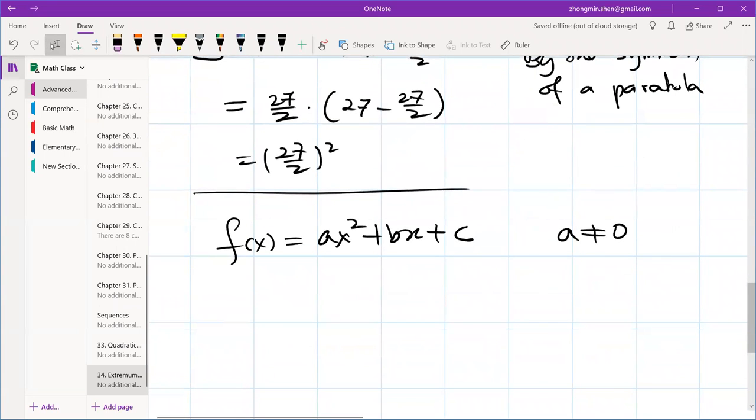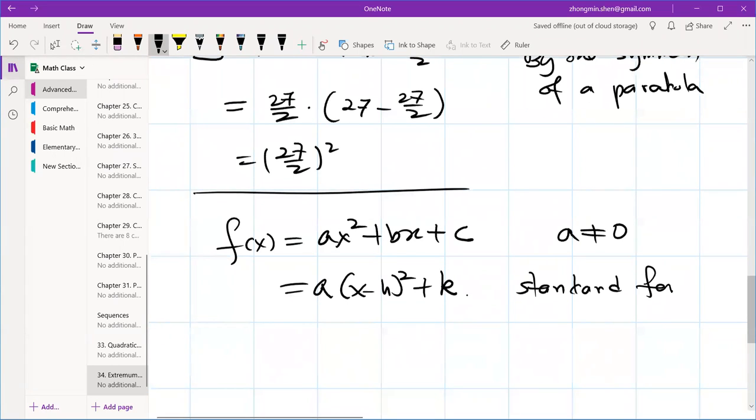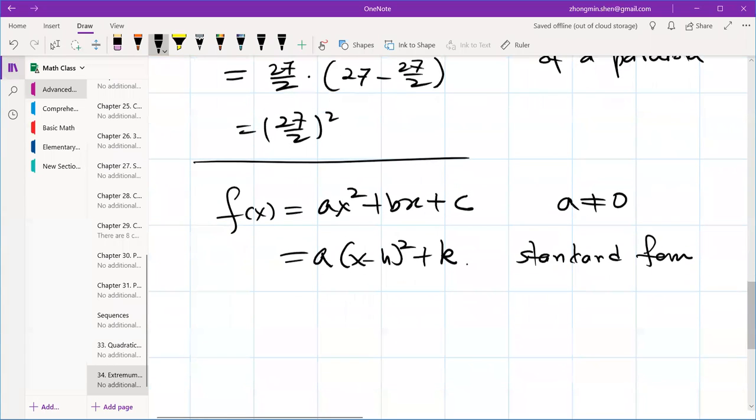You can express it in the standard form. That's the standard form. We learned how to express it in standard form in the last class. So you did some homework, you should know that.